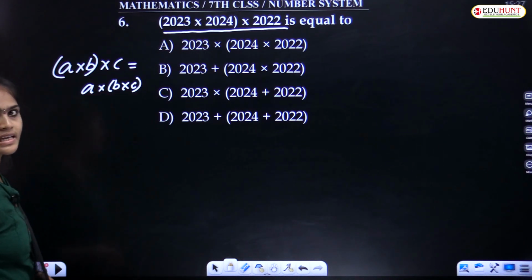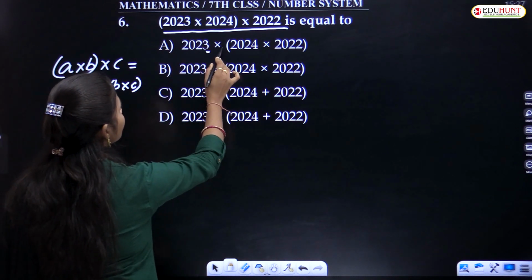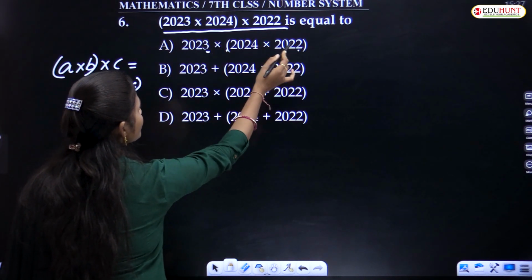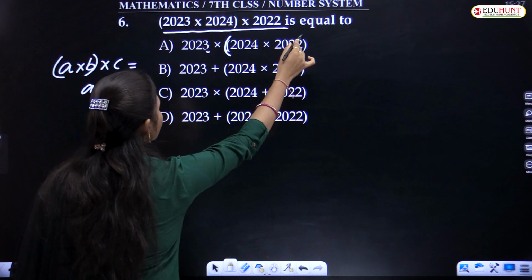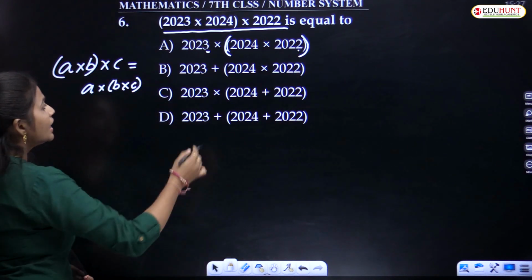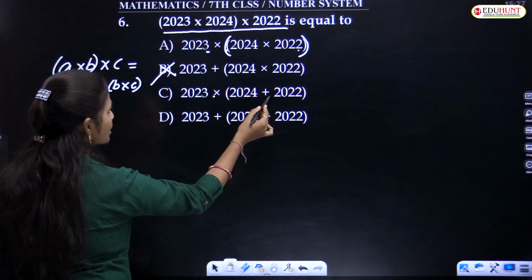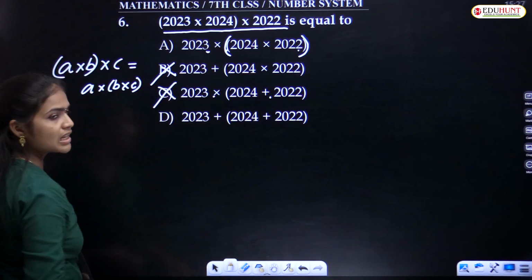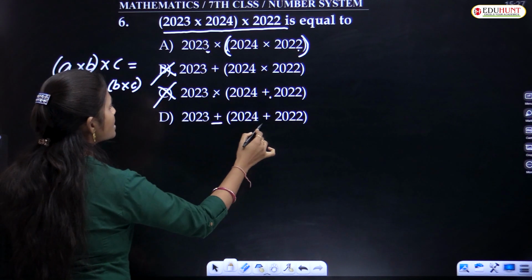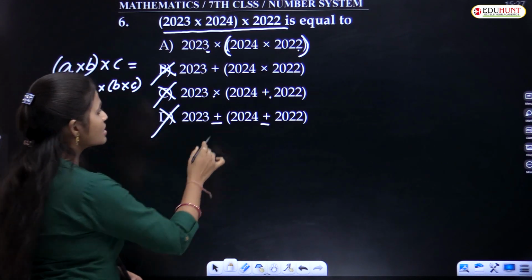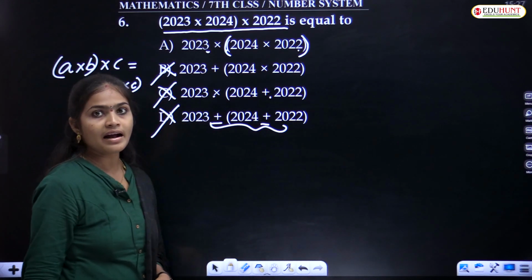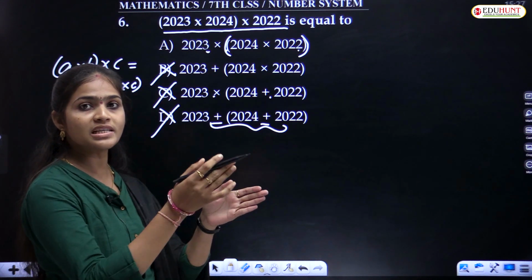So now which one is correct? 2023 into 2024 into 2022. Just we have to change the brackets. Here plus is given, so this is wrong. And here multiplication, and here a positive symbol is given, so that is also wrong. Why? Because this is under addition. Under multiplication means just we have to change the brackets only.